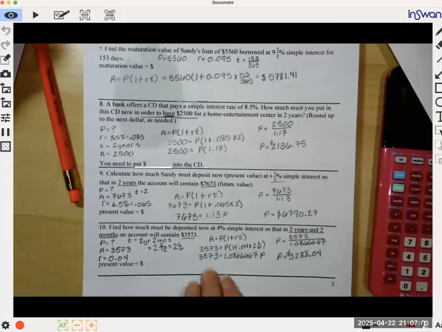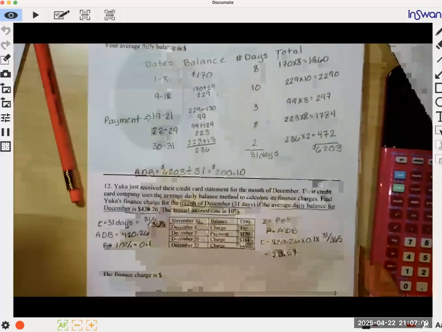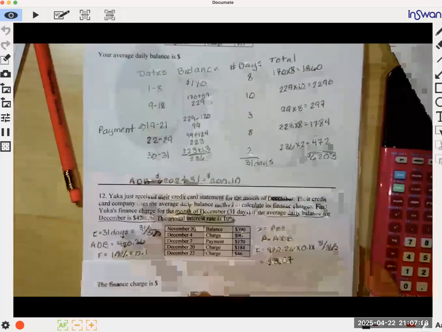Okay, next page. This one we did. Number 12. I think we did both of those today.